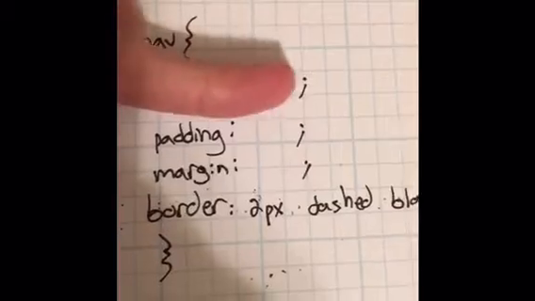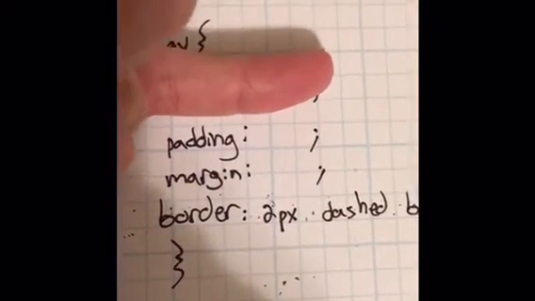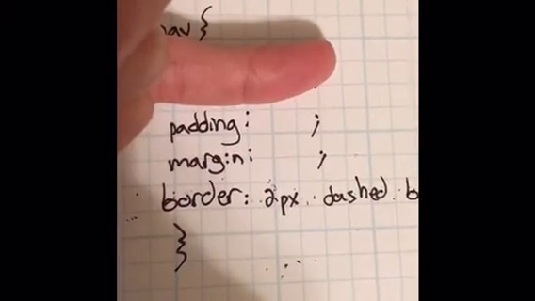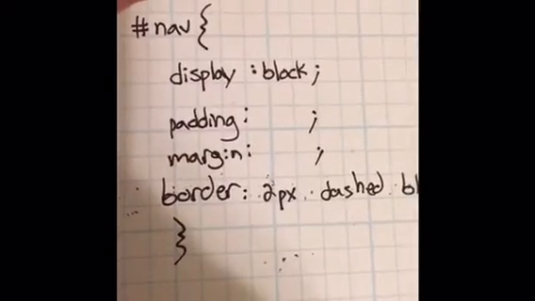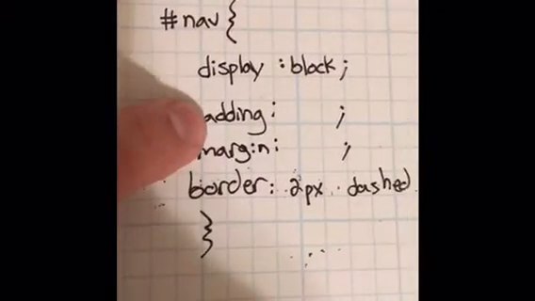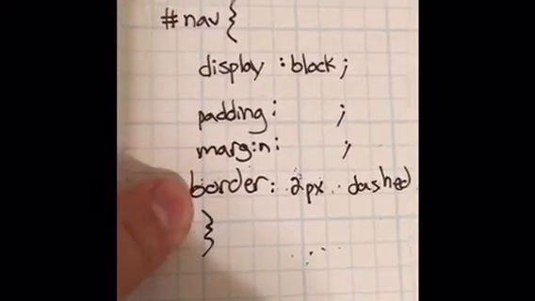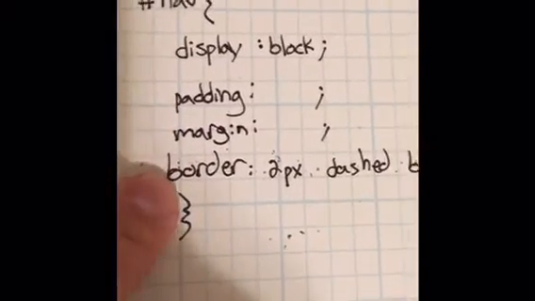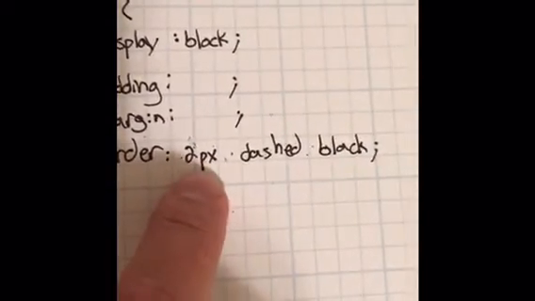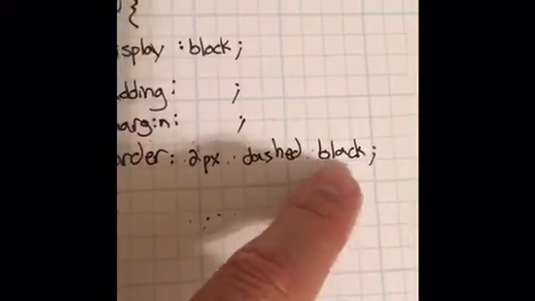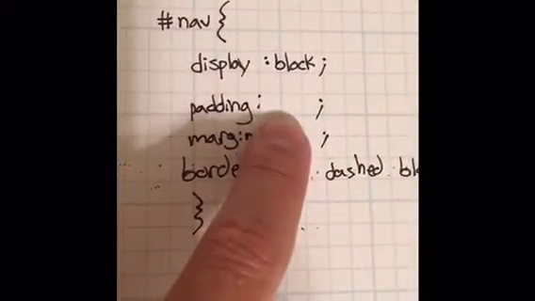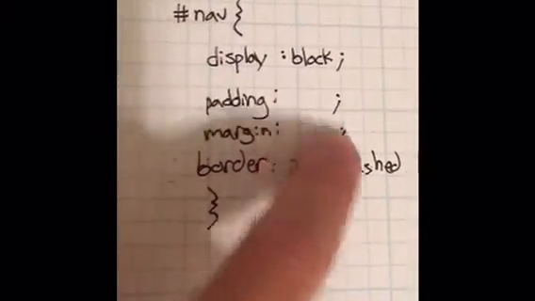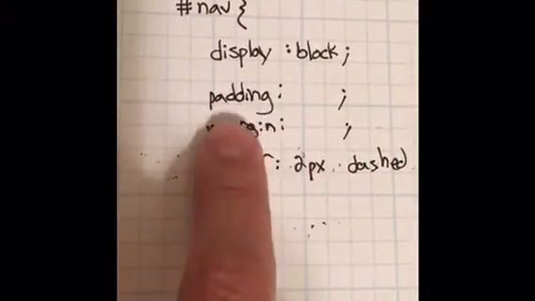If you leave display block out, it will put the buttons horizontally. If you want them vertical, you put display block. Now remember, for buttons we can add padding, margin, border, well actually anything you can add these. And border is in the format of how big you want it, what type of border you want, and the color you want. I left these blank because you could do whatever you want here.